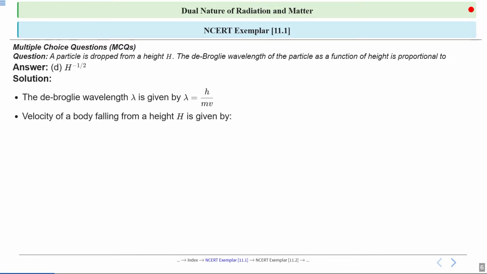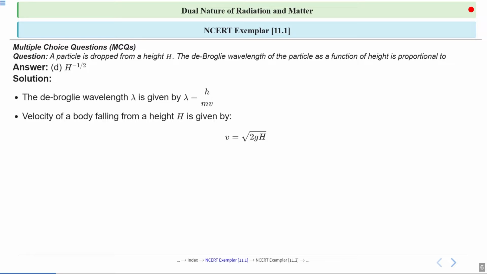Let's think about how fast the particle is moving as it falls. When a particle is dropped from a height h, it accelerates due to gravity. The velocity it gains just before reaching the ground can be found using equations of motion for free fall. So the velocity v of the particle just before it hits the ground is given by v equals square root of 2g times h.